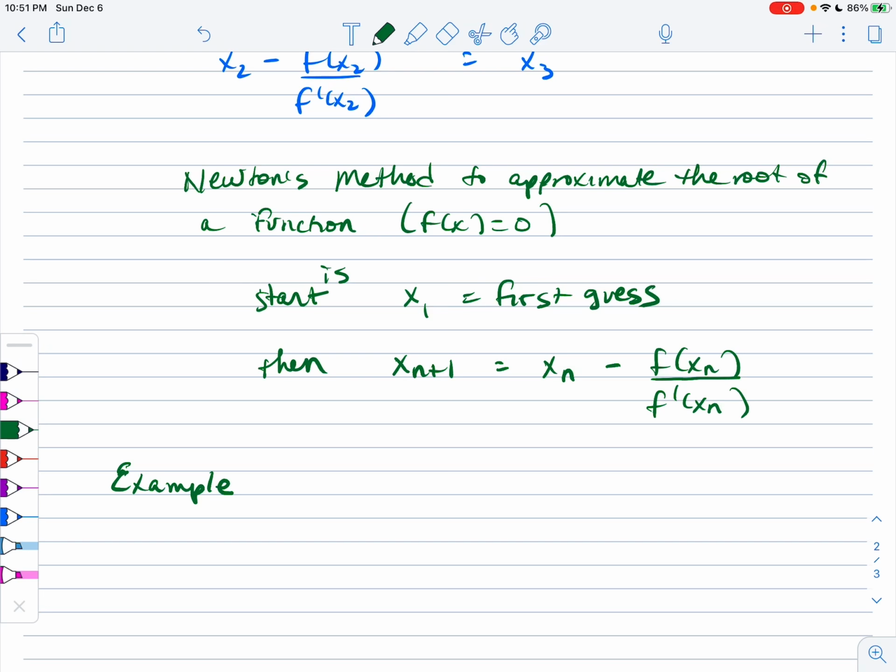You can just spend 10 minutes to program Excel, and you can do as many steps of Newton's method as you would like. Or, you can do them by hand as well. But let's say, for instance, we want to find an approximation for the square root of 2, okay, using Newton's method.